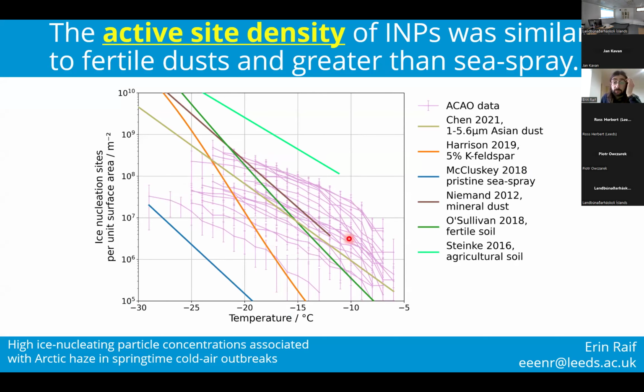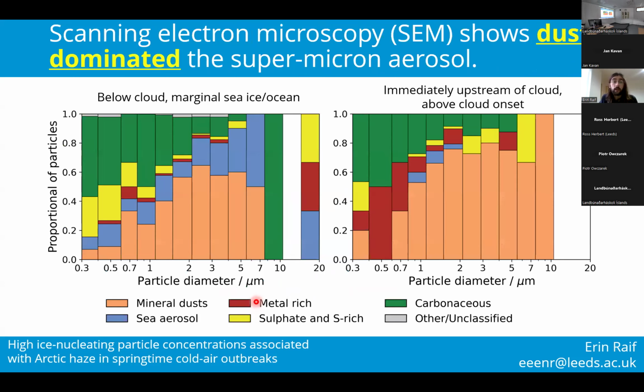And our measurements are here in pink, and they're in line with the sort of activities that you would expect from dusts, which, bearing in mind that if you're over the Norwegian Sea, you're probably not thinking there's lots of dust, came as a bit of a surprise. And our measurements were significantly more than would be expected for sea spray, which is the blue line here, suggesting that sea spray wasn't a dominant ice nucleator and we should be looking more at the dusts.